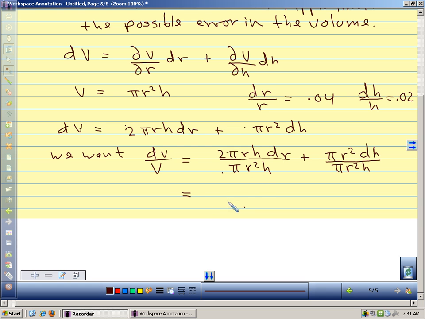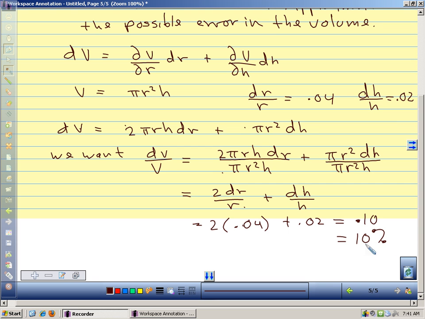We get 2 dr over r plus dh over h. And we know what dr over r and dh over h are. So this is just 2 times 0.04 plus 0.02, which gives me 0.10, which is 10%.